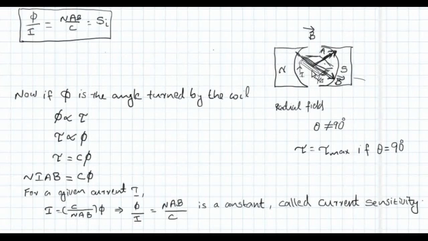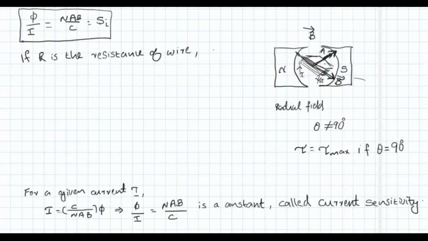Now for this conductor there will be some resistance. So if R is the resistance of this wire, then we may write phi by IR is equal to NAB divided by CR. Here again, for this conductor the resistance will be a constant.